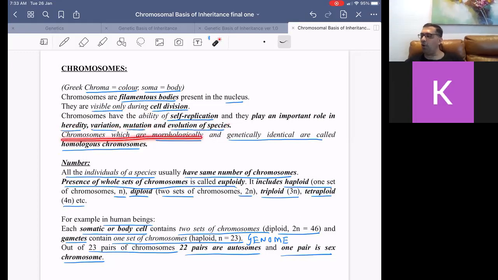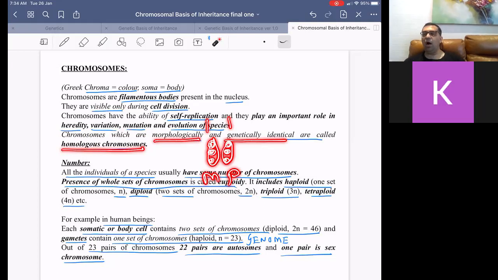Chromosomes which are morphologically and genetically identical are called as homologous chromosomes. So chromosome number 1 maternal and 1 paternal, दोनों के first chromosome, gene for color of eye, gene for color of hair, gene for color of skin, and these are having identical genes.